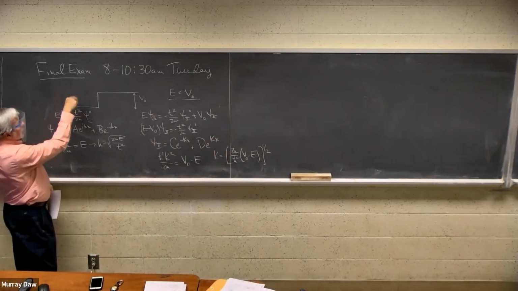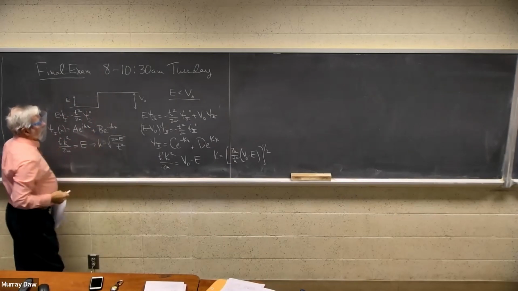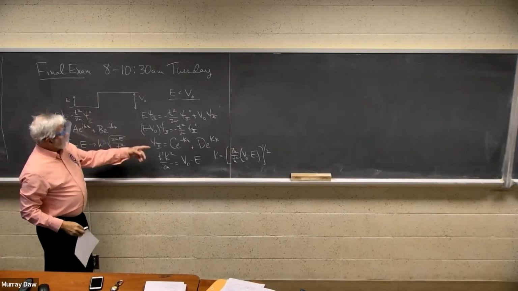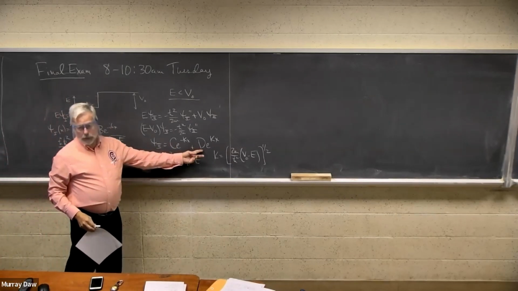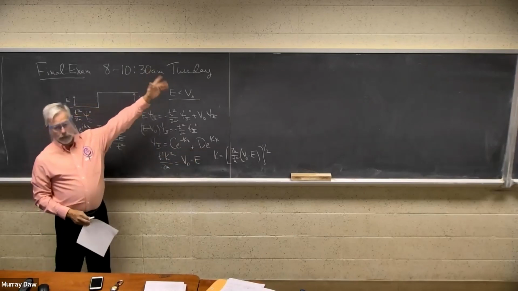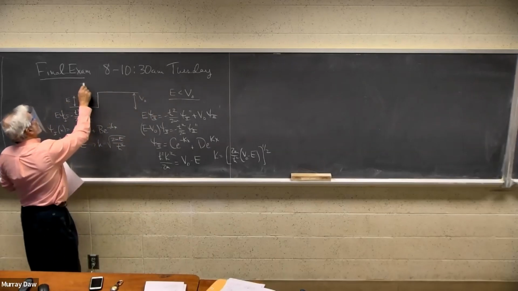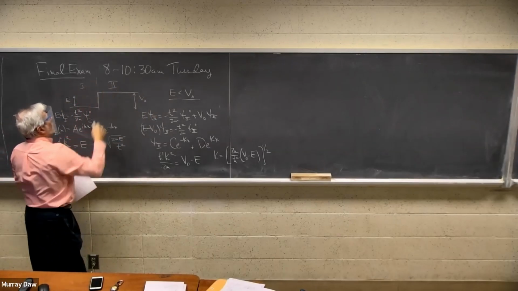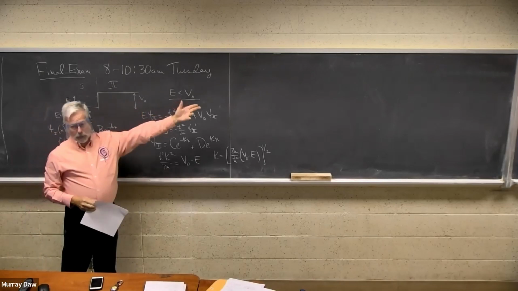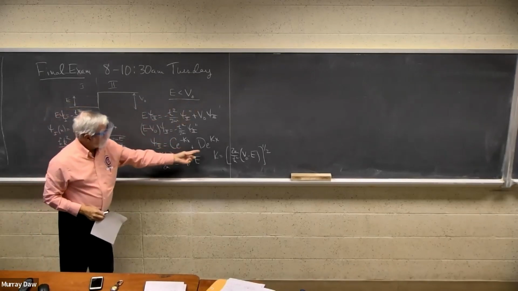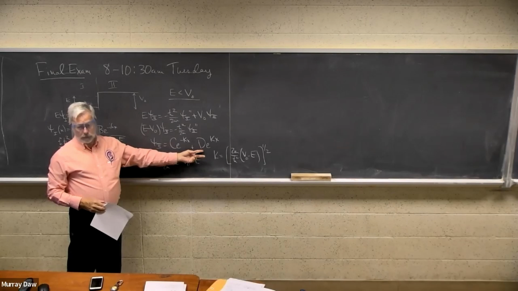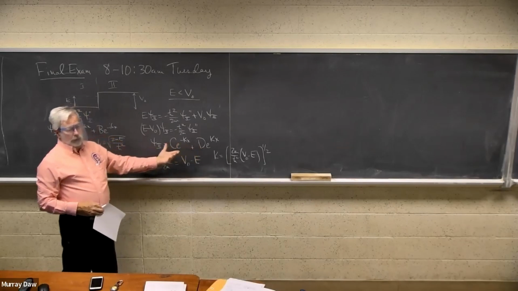So the wave function is oscillatory in this region and exponential in this region. But this term can't be permitted, because it will grow exponentially in this direction. This is region 1, and region 2 goes all the way out to positive infinity. This would blow up exponentially, and there's no way to normalize the probability.